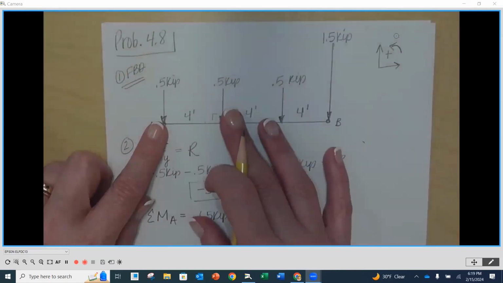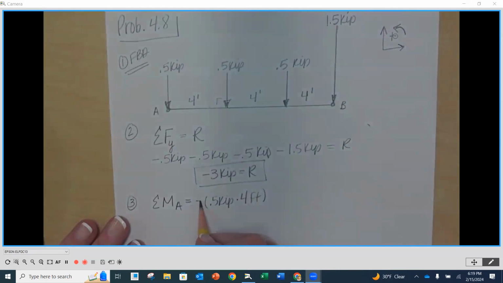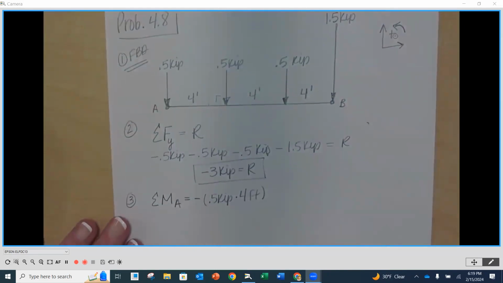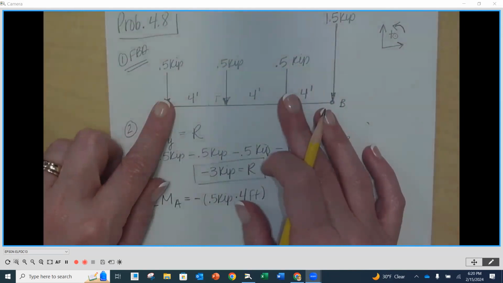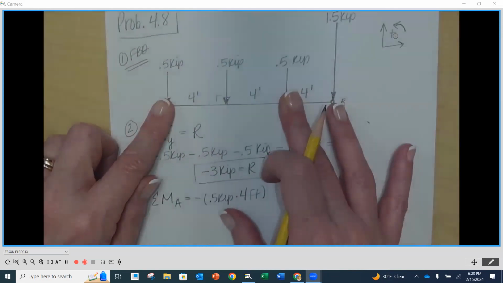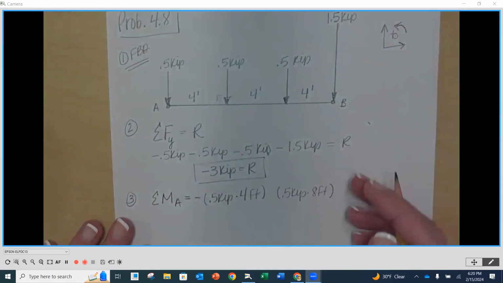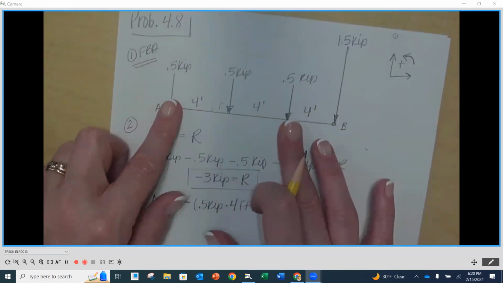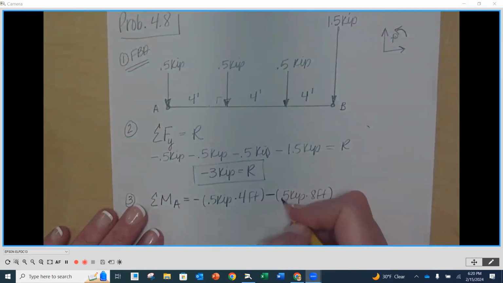And it is going to rotate in a clockwise direction, so we're going to put a negative out front. Then I'm going to do the next 0.5 kips times 8 feet. It also is going to cause a clockwise rotation, so negative out front.